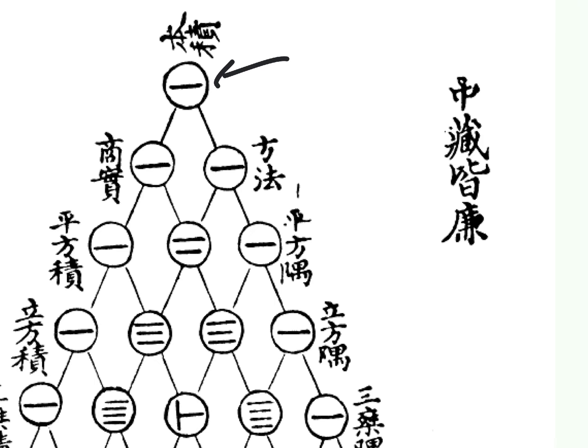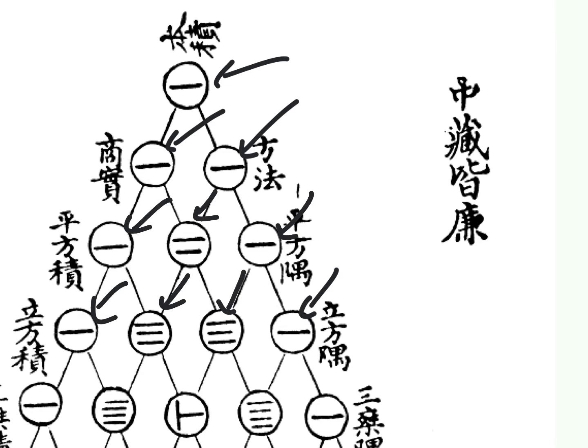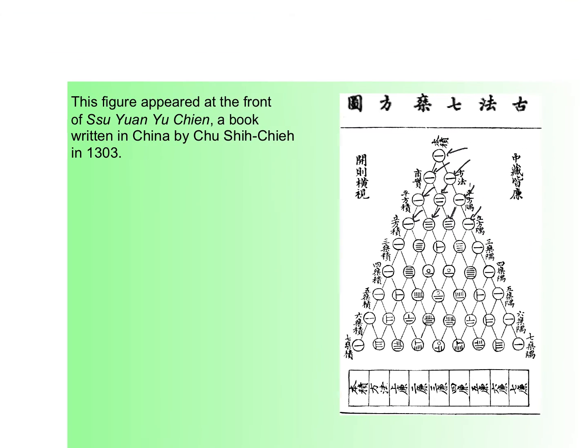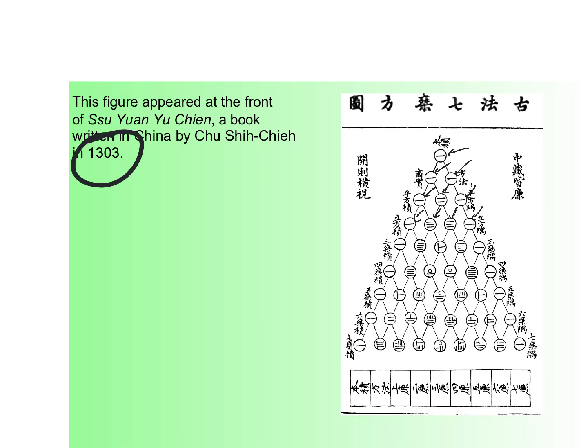Does that look like it could be a 1, 1, 1, 1, 2, 1, 1, 3, 3, 1? So then the question becomes, was Pascal before that? If this was written in 1303? Don't know, being honest. I don't know if Pascal wrote his triangle first.